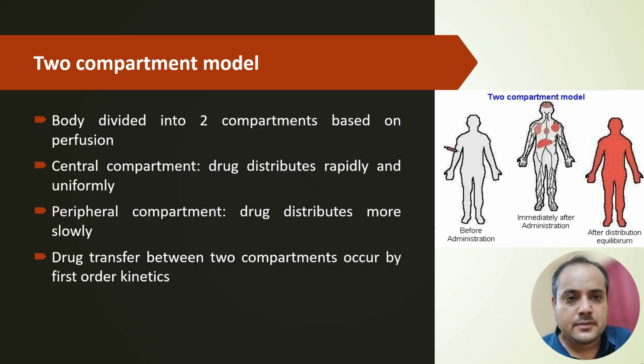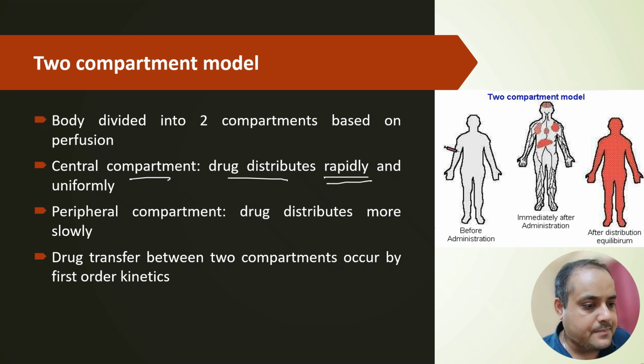Now moving on to the two compartment model. The two compartment model divides the body into two compartments, as we have studied already. First is the central compartment, where the drug distributes itself very rapidly and uniformly. Why? Because the central compartment is the one which is made up of highly perfused organs.